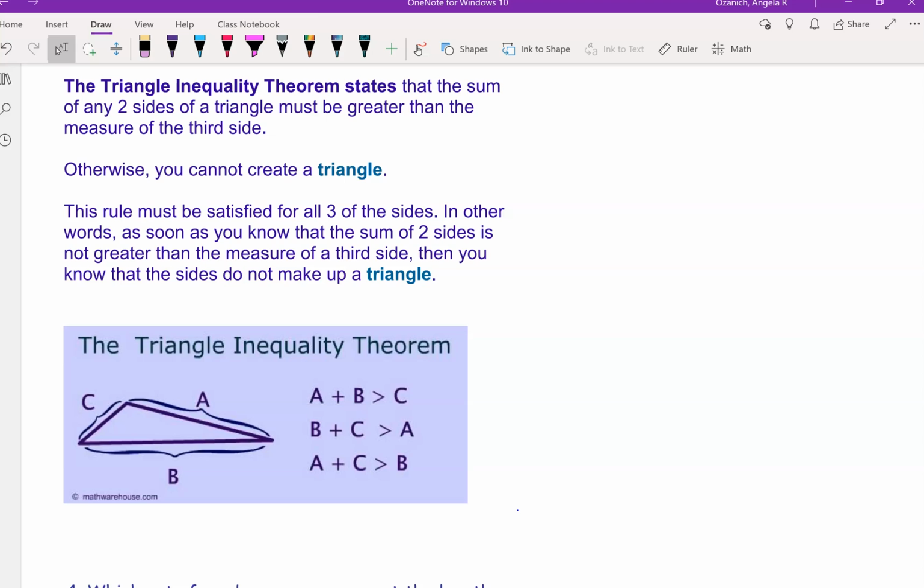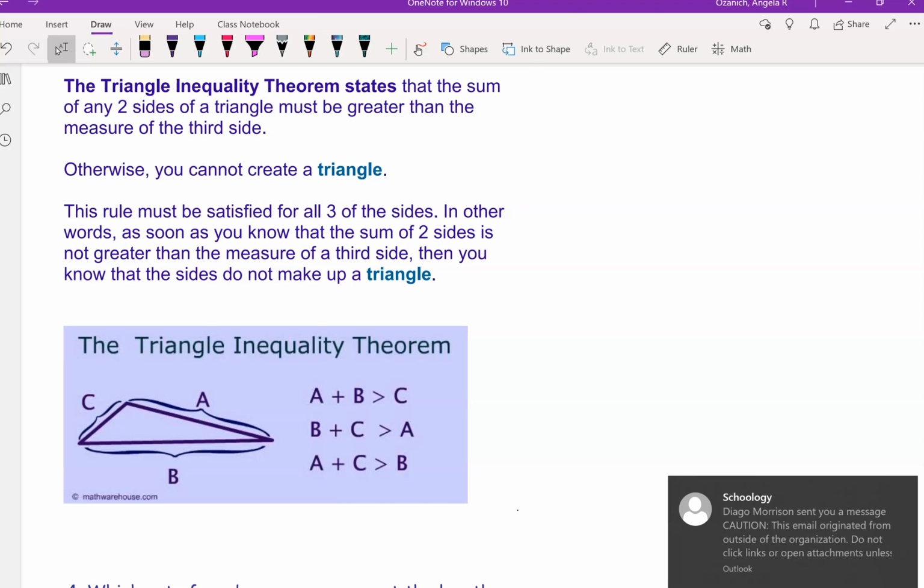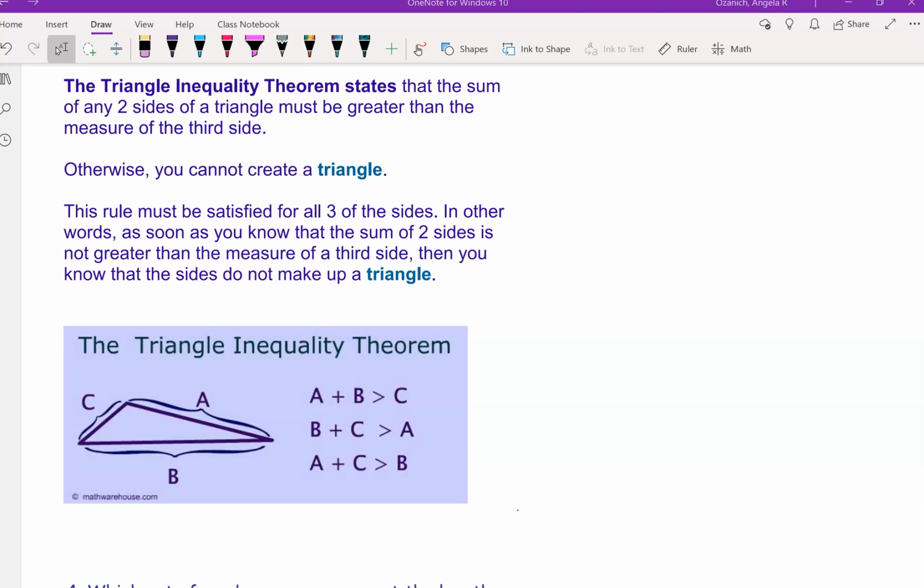Really what happens is you can't have two sides, for example, a side length of 6 and a side length of 2, let's say centimeters. It's not really to scale. And then a third side that is maybe 10 centimeters.